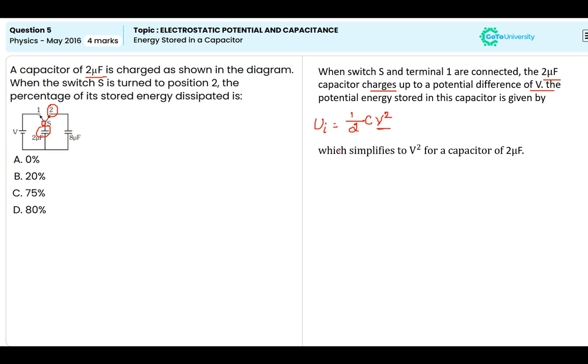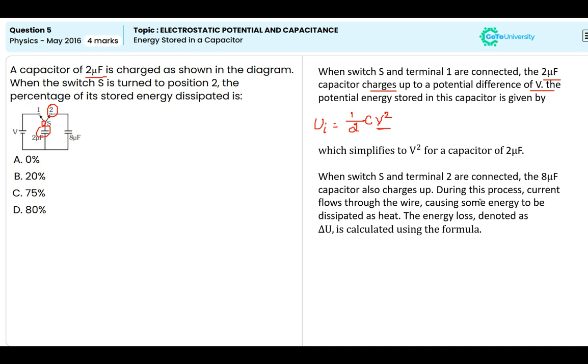Then when switch S and terminal 2 are connected, the 8 μF capacitor also charges up. During this process, the current flows through the wire, causing some energy to be dissipated as heat.